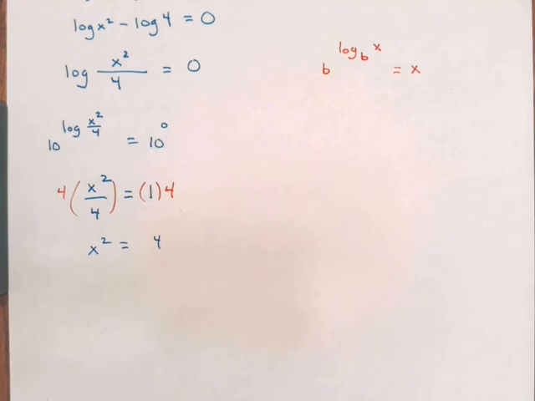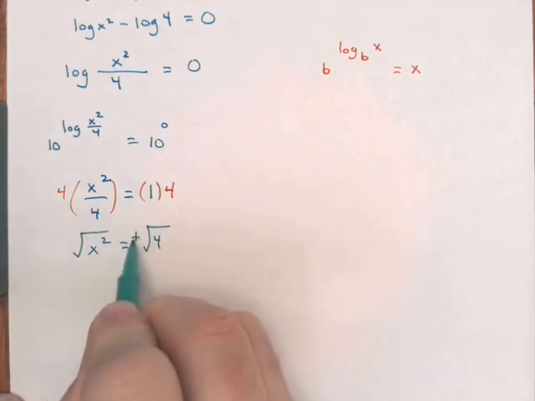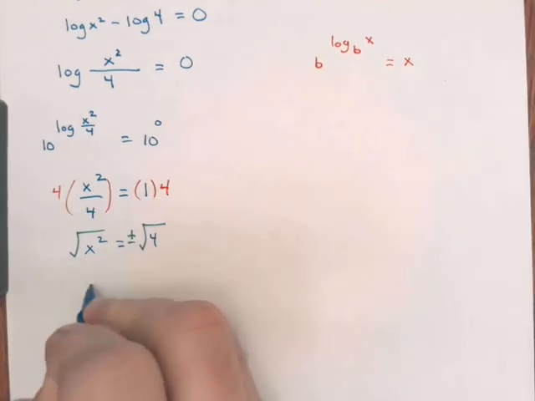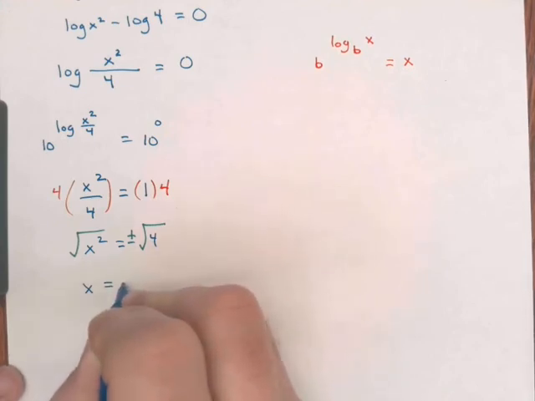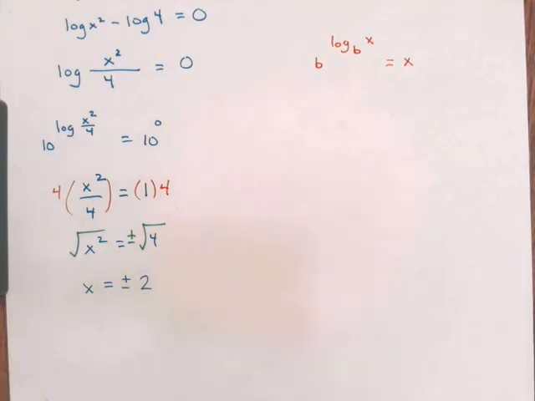And to solve that, I am going to need to take the square root on both sides. Remember, when you take the square root on both sides, you do need to remember the plus or minus.